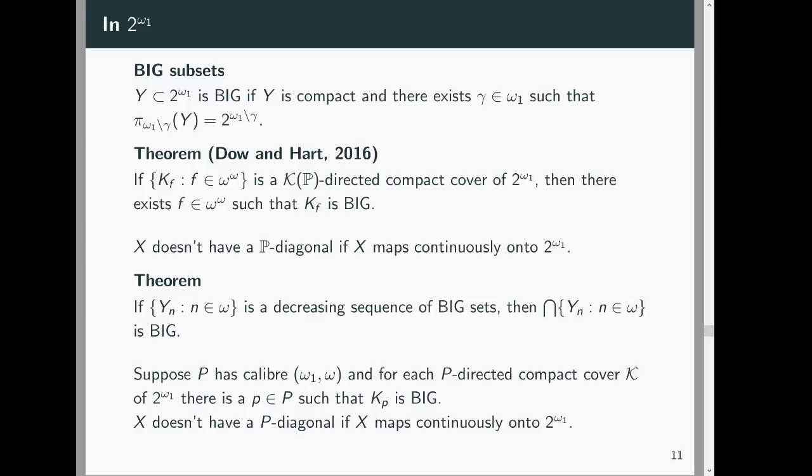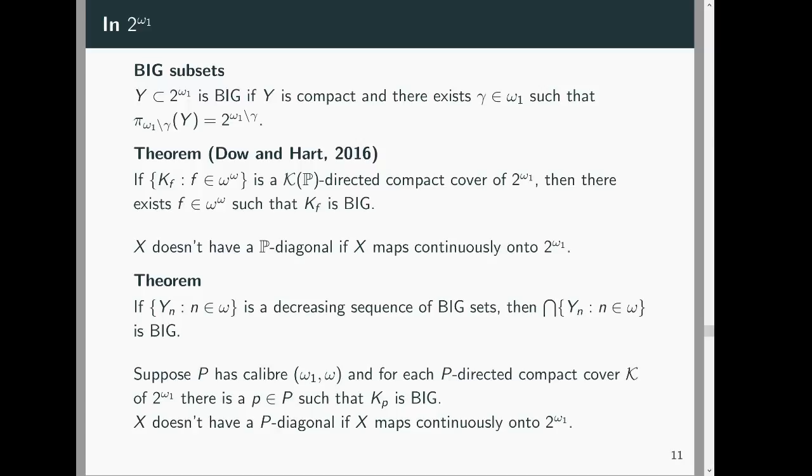And so what I did here is first, this is quite a natural property: if you have a decreasing sequence of big sets, the intersection must be big.